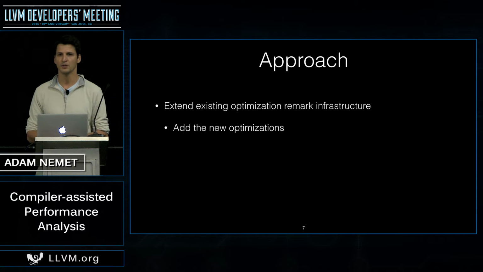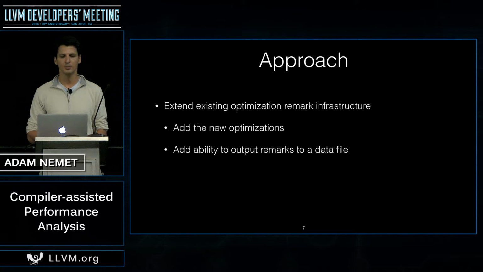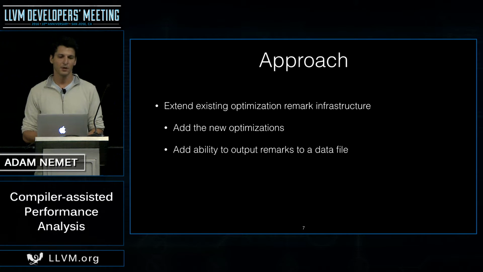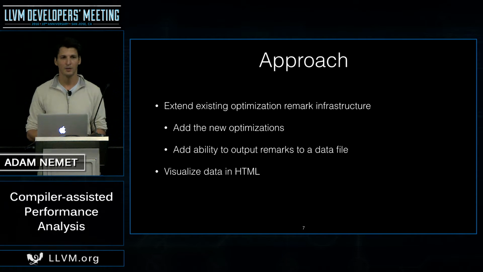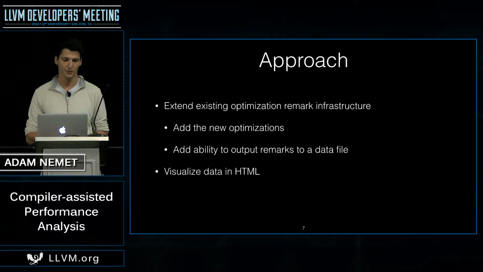One was to add new optimizations to broaden the scope. And then the ability to output the remarks into a separate data file so that we can then visualize the data and provide it in a structured way. And I picked HTML for this.